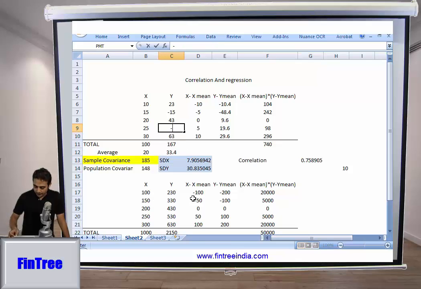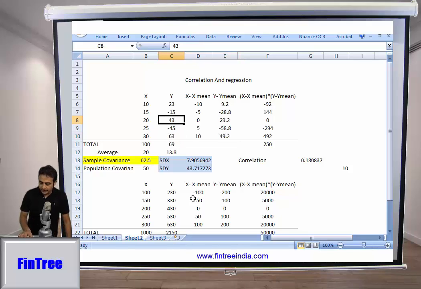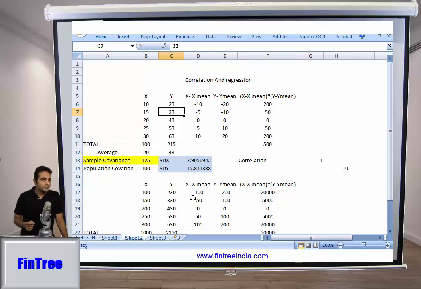If I further manipulate and make this as maybe -45, now the correlation value has come out to be 0.8. If I make this as 95, no matter what I do. If I make this as -40, then we have a negative correlation. Now the data is moving in the opposite direction. So positive correlation means data moves in the same direction, and negative means data moves in the opposite direction.